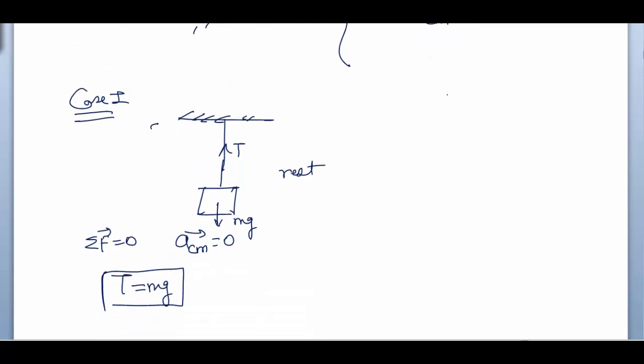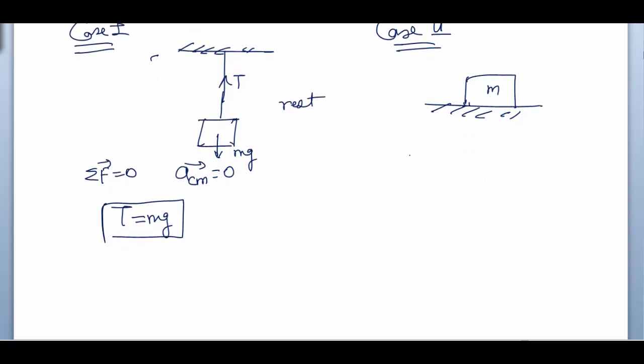Now consider case number 2. Suppose a surface and a body is in static condition. Static means there is no motion, so there is no acceleration. So the center of mass of the body has 0 acceleration.